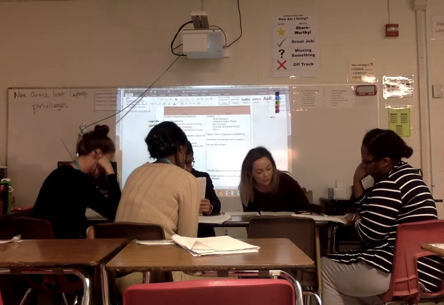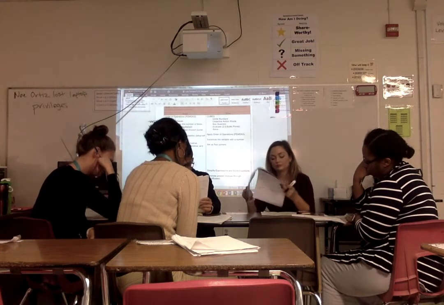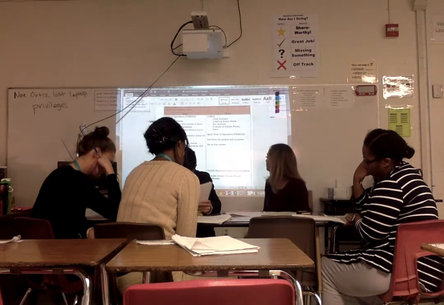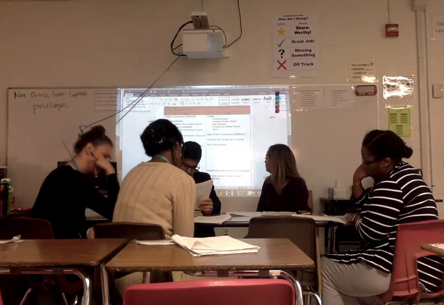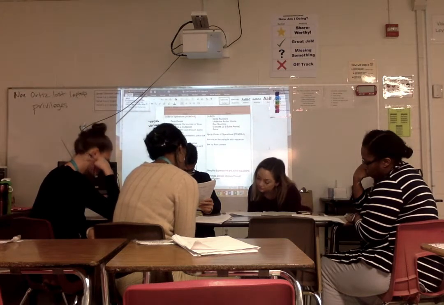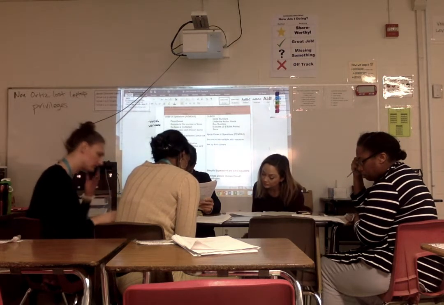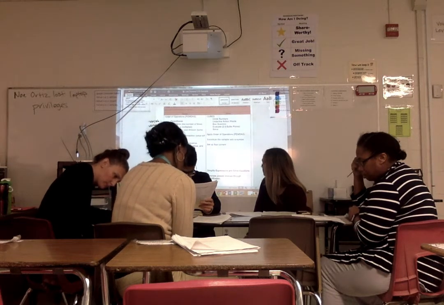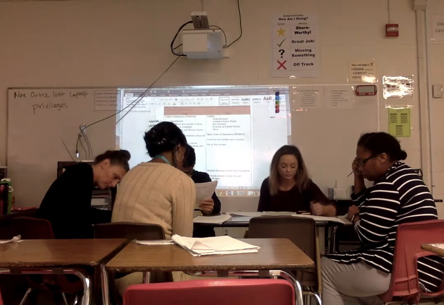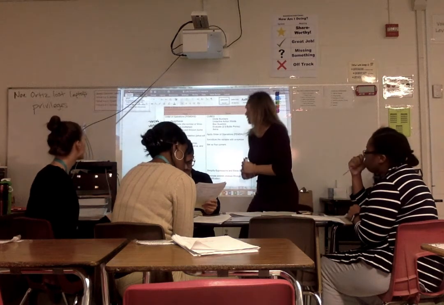So first minute, just analyzing the exemplar, and then we'll see what we need to add to our no-show chart based off of the exemplar. And at this time, going ahead and sharing out.